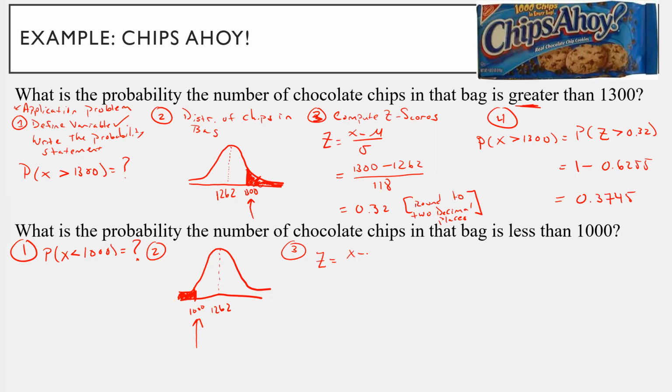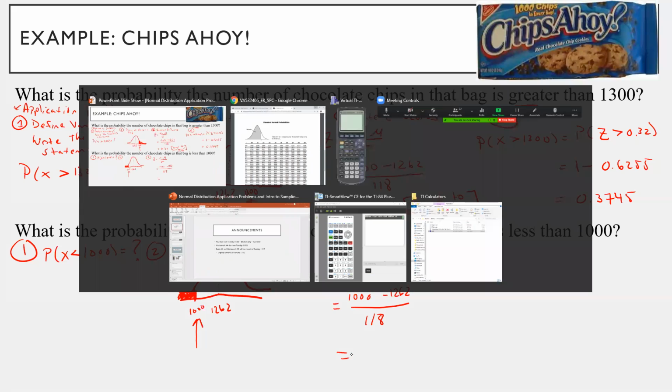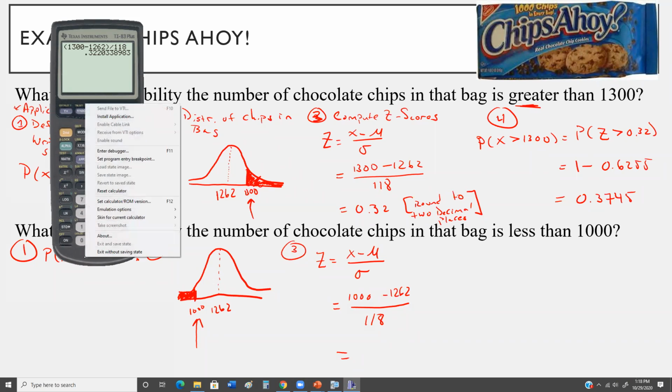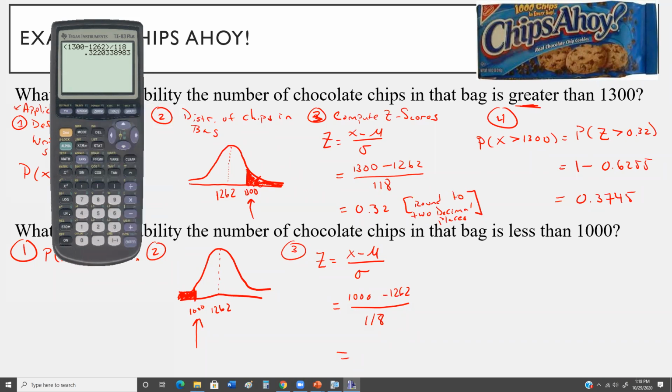So the z-score formula is x minus the mean, divided by the standard deviation, which is 1,000 minus 1,262, divided by the standard deviation for chips in a bag, which is 118. So in parentheses, 1,000 minus 1,262, divided by 118.